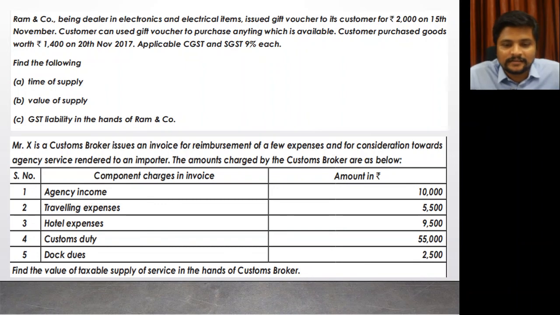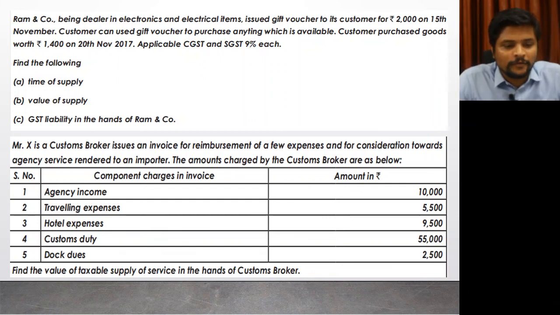In this case, the date of issue of the voucher is 15th November, which is known, and the date of redemption for purchasing the goods is 20th November. It means the time of supply is 15th November. Because the date of issue is known, we first apply that condition. Only if that condition is not applicable do we apply the date of redemption.